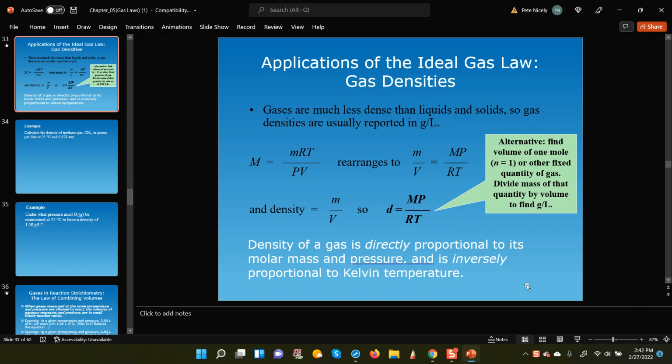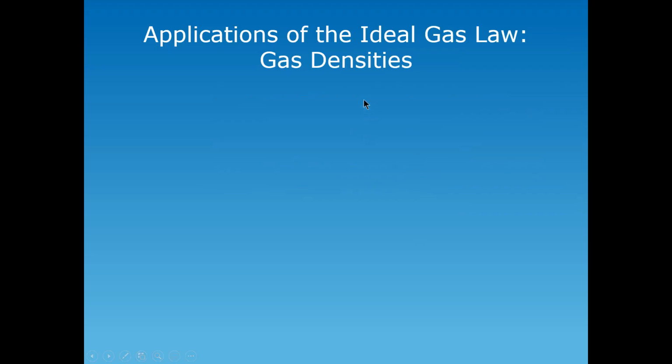So now we're going to look at another application of the ideal gas equation, and we can use it to derive an equation for determining the density of a gas. Please note that gas densities are not used in the same way as we would use densities for solids and liquids.